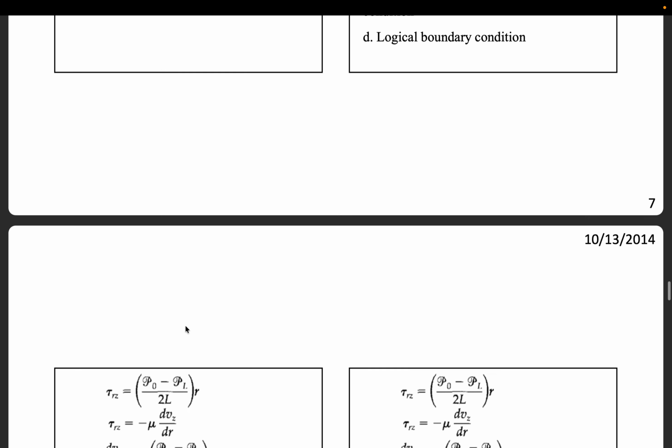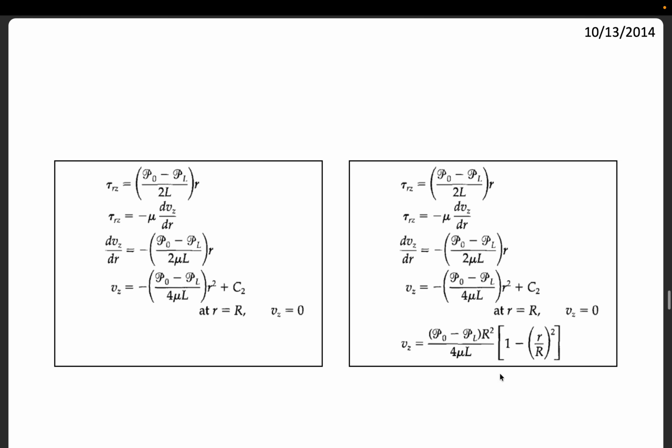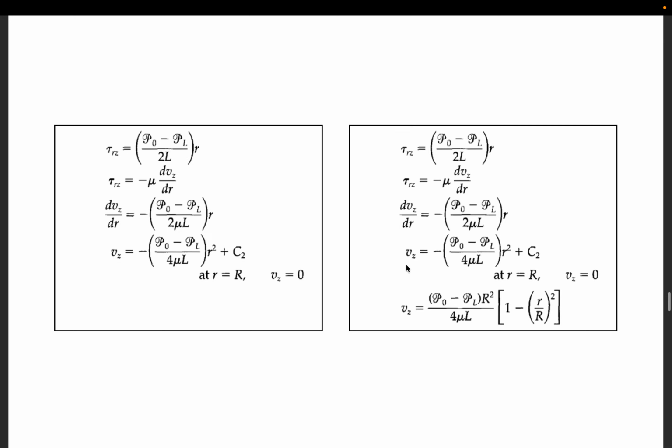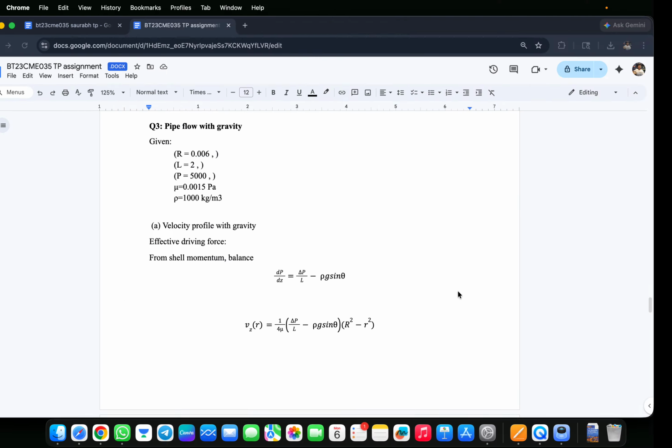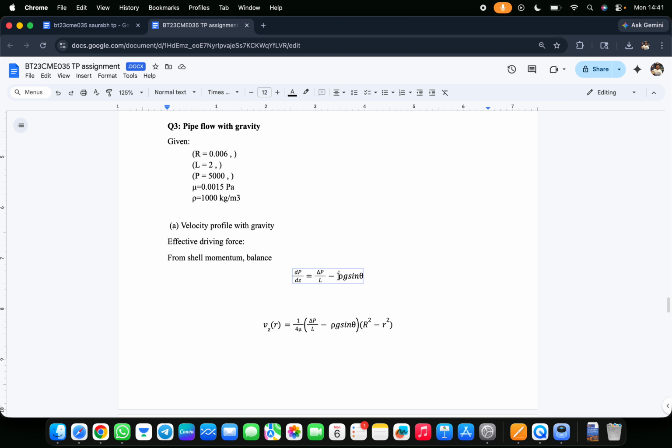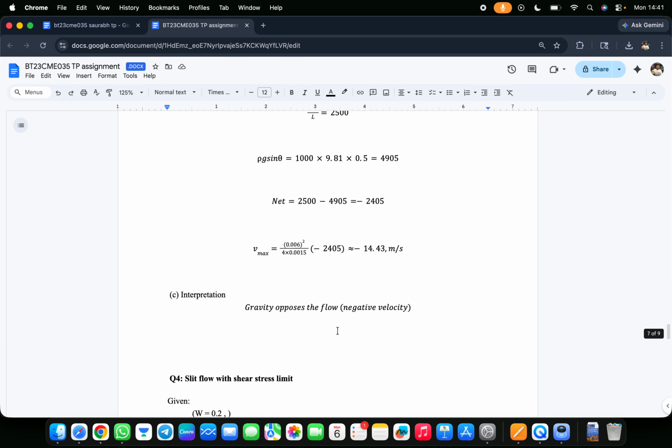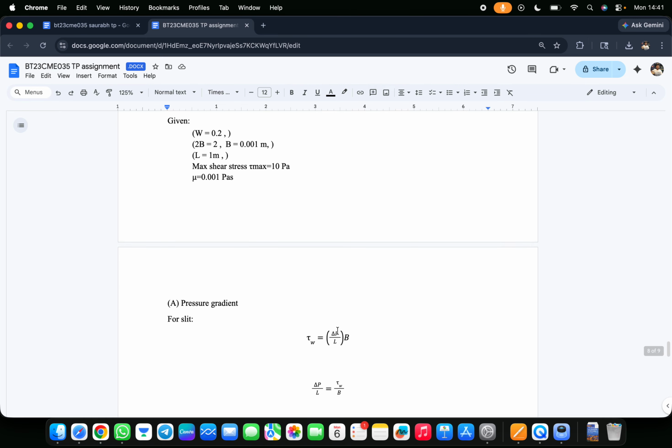So v will be this, and putting the boundary condition it will become this. So it is the same as what we have derived here. The only difference is p0 minus pl. So here it is not g, rho g sin theta is there. So we will put it there and we will solve it.